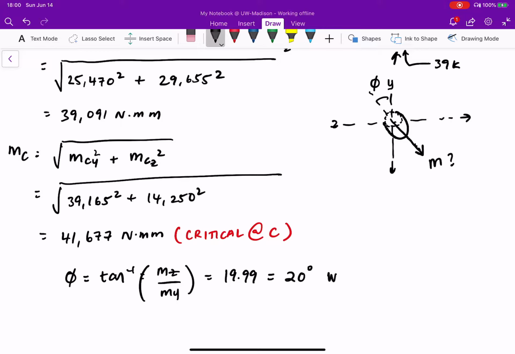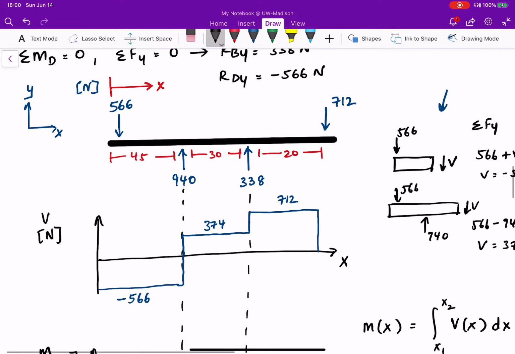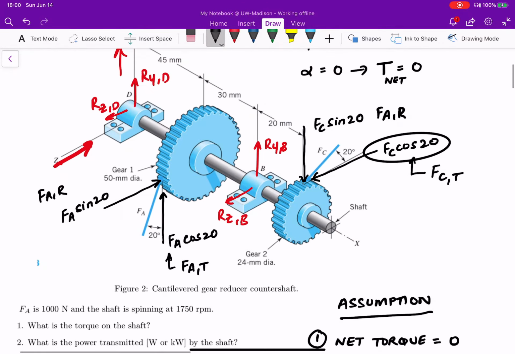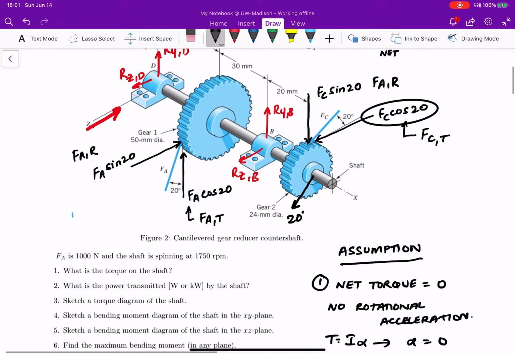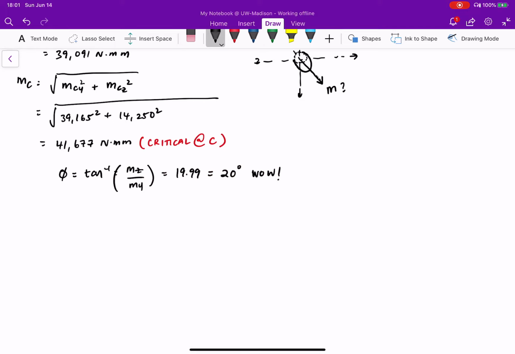That's pretty cool, because effectively you're pushing the shaft at C at an angle of 20 degrees, from the Z or the Y. It's just a matter of which way you write tan inverse; you would get either 70 degrees or 20 degrees.